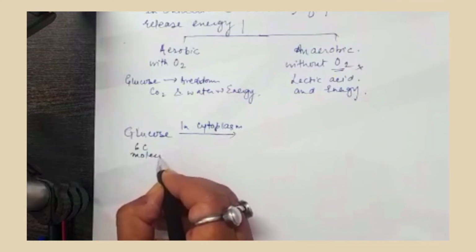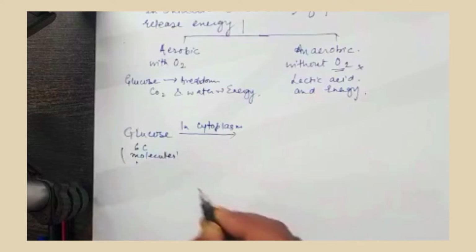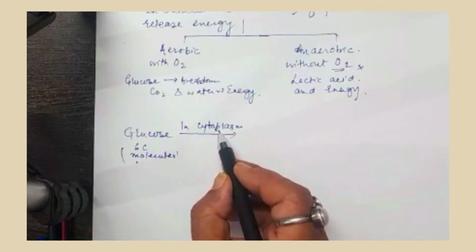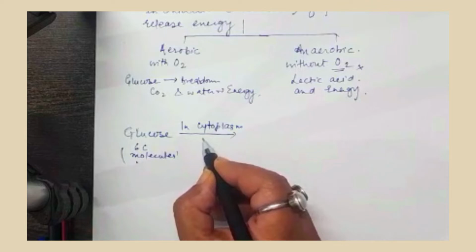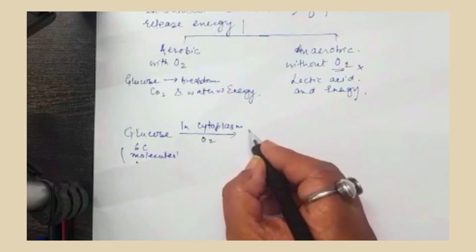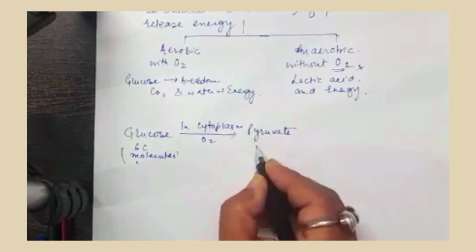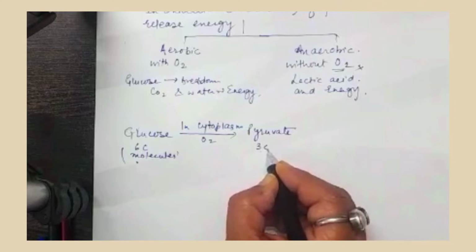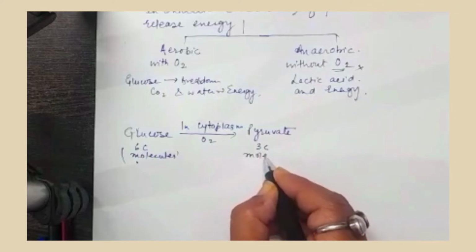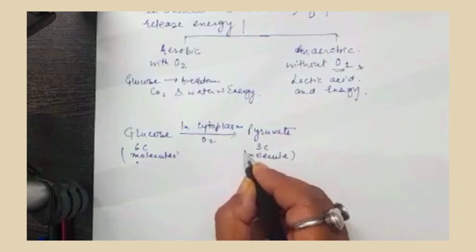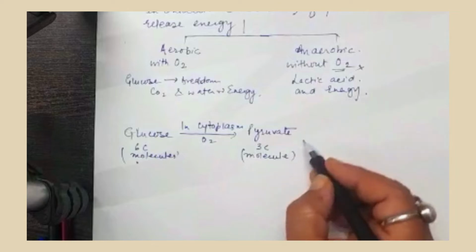Glucose has 6 carbons in it. In cytoplasm, when it combines with oxygen, it turns into pyruvate, and this is a 3 carbon molecule. Fine. Now what happens?